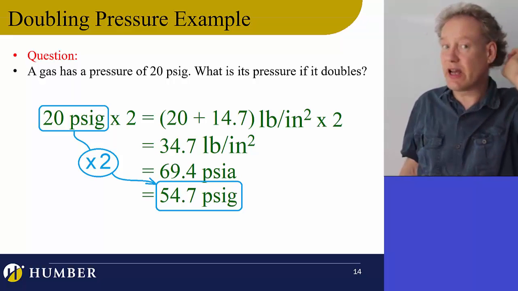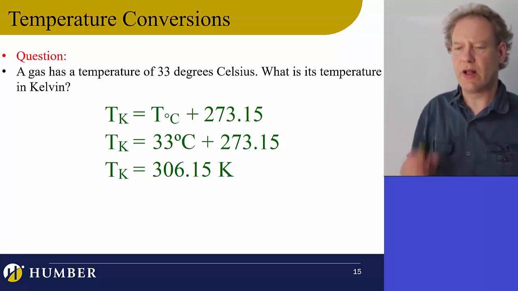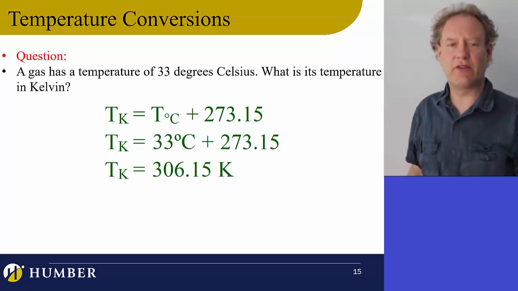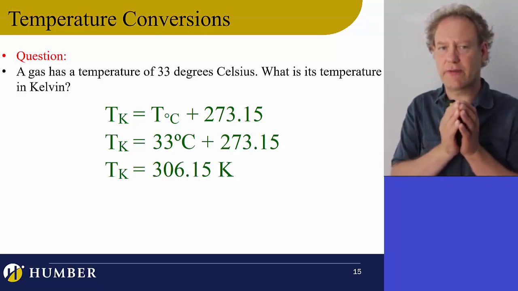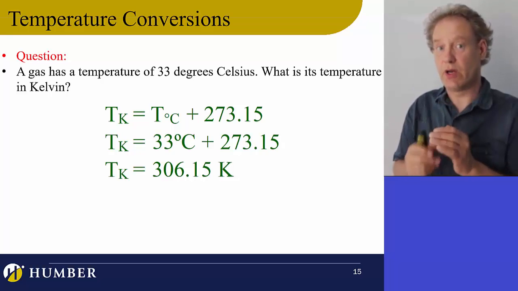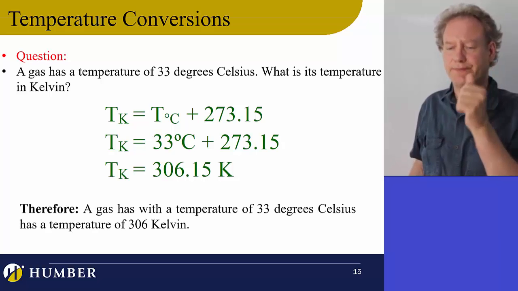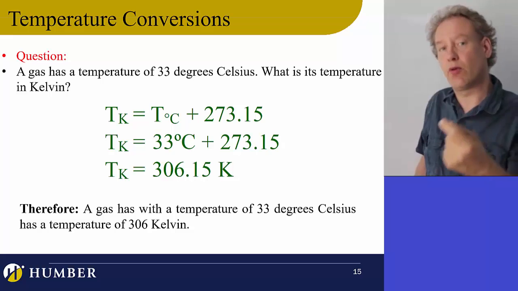So let's take a look at an example of temperature conversions. A gas has a temperature of 33 degrees Celsius. What is that in Kelvin? It's 306. All we're doing is adding 273.15. That's it. You just add that number, and then you're good. So what if we double 33?